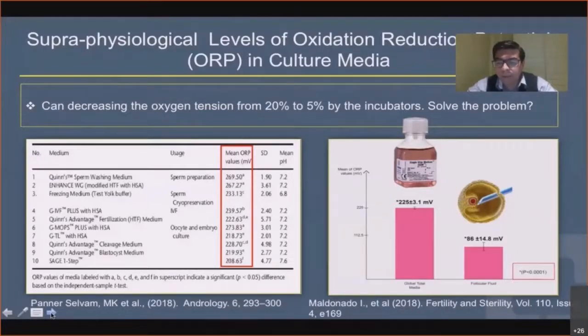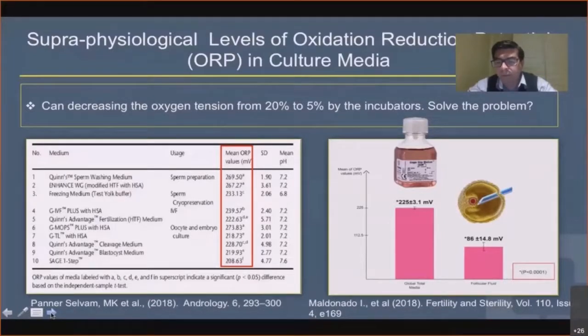Remember that the oxidation reduction potential describes the balance between the oxidants and antioxidants present in fluids, even in the embryo culture media. By definition, the oxidation reduction potential is the best indicator of oxidative stress among other parameters described in the literature.